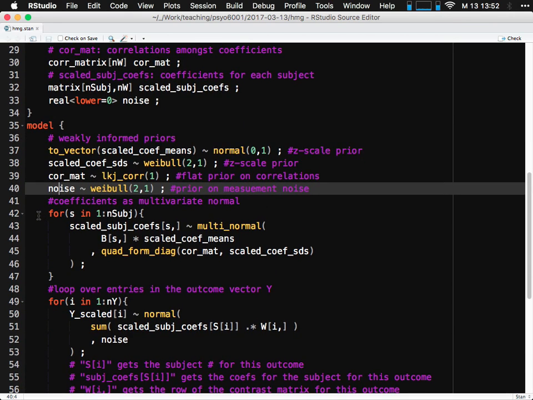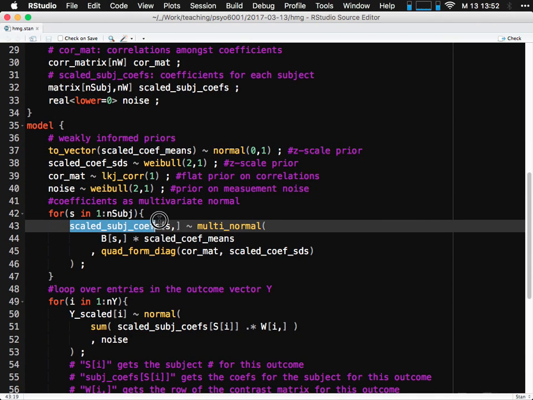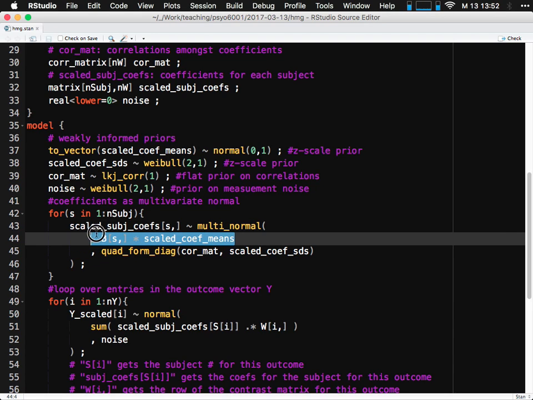We say that each person is sampled from a multivariate normal distribution with a set of means as defined by what the population coefficient means are, as multiplied by what the between subjects coefficients are for that person.